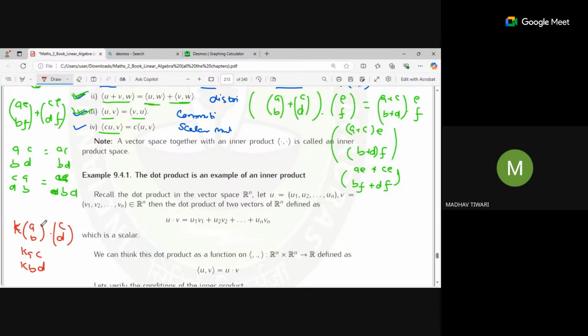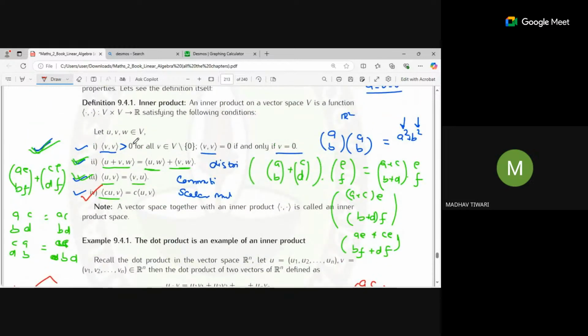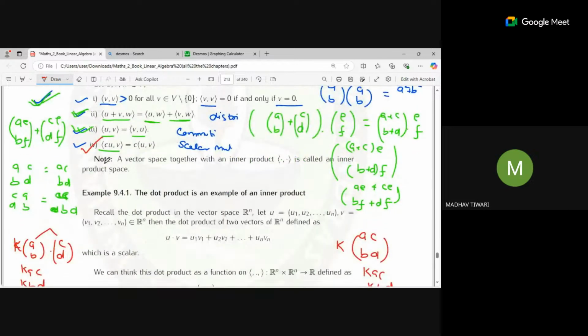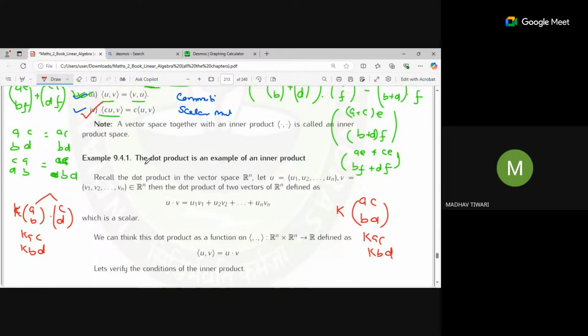Okay, now do firstly the dot product. So firstly you did the dot product, you will get AC and BD, and now multiply with K, so you will get KAC and KBD. So yes, this property is also satisfied. So all the four properties are satisfied. So now it is an inner product. Okay, so dot product is an example of inner product. It is correct.